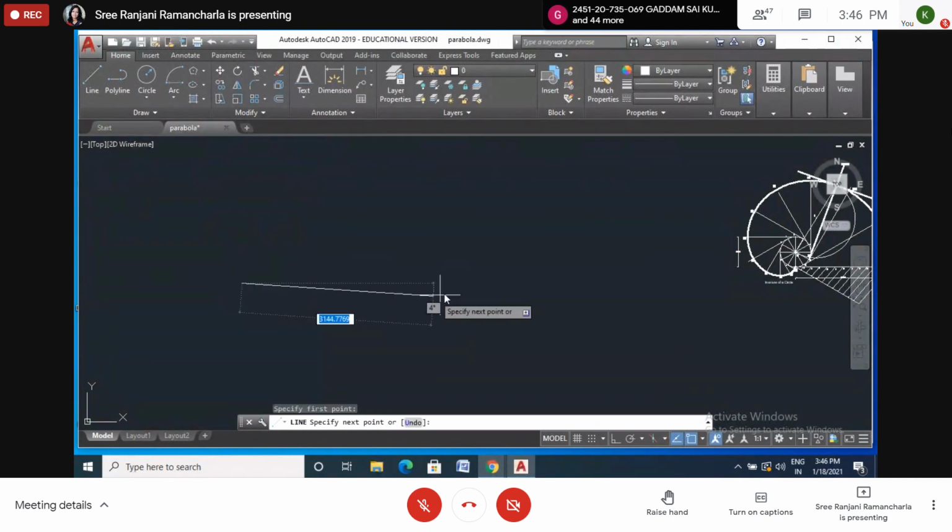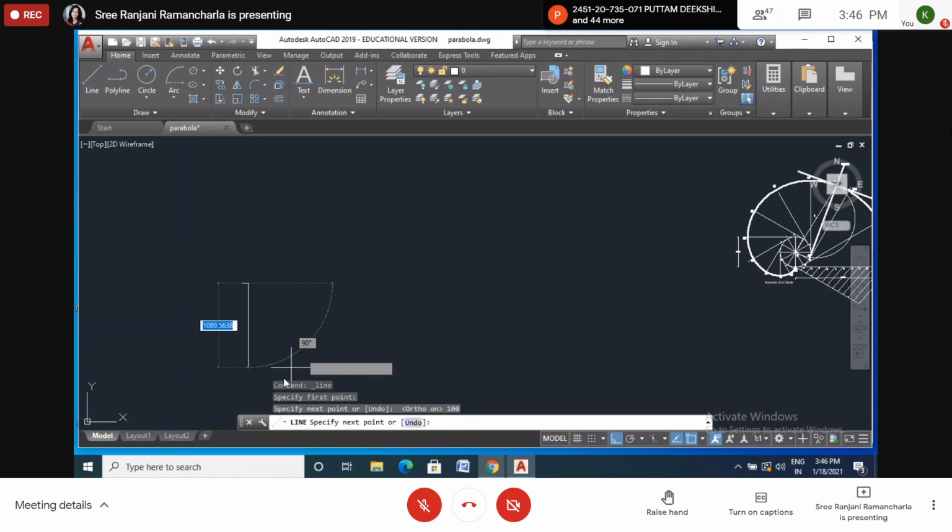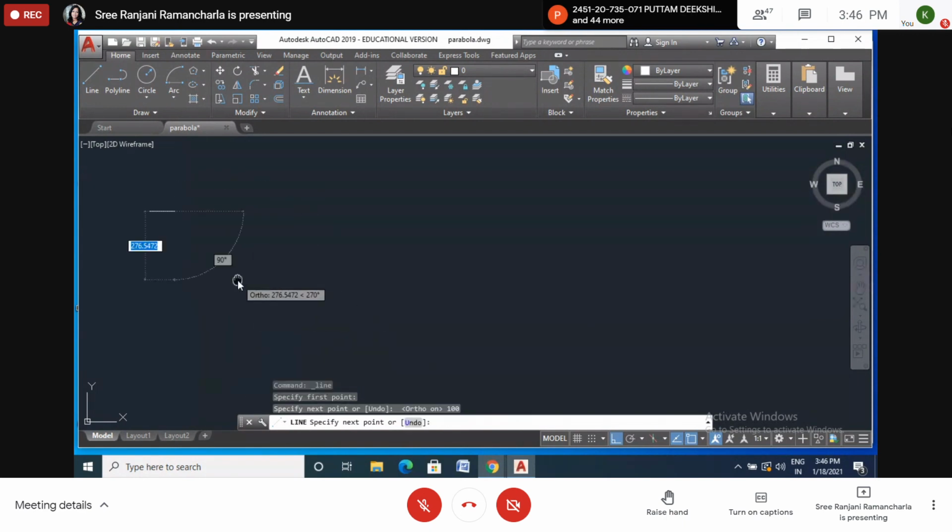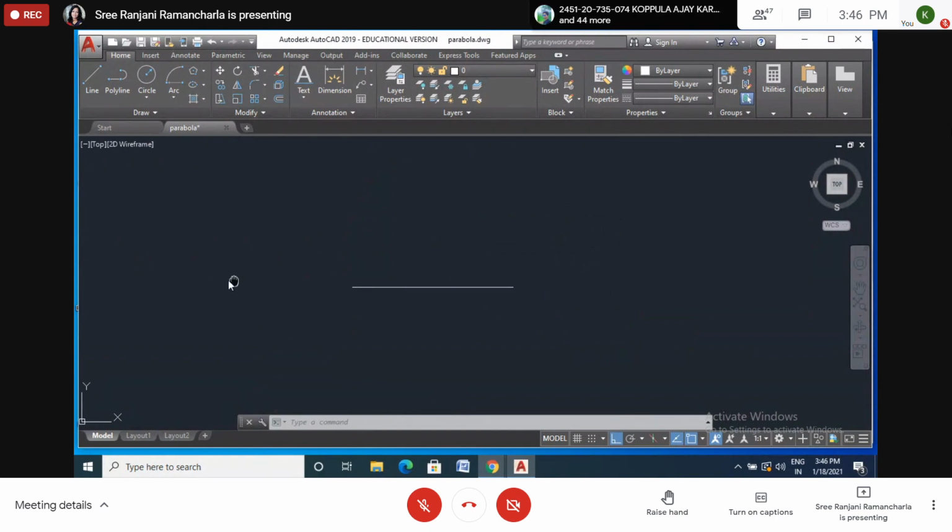I'm drawing a 10 centimeter straight line here, but I'll draw it a little bit bigger.